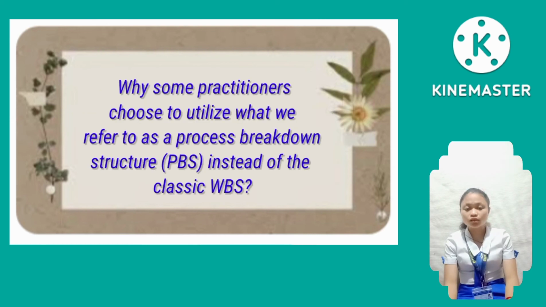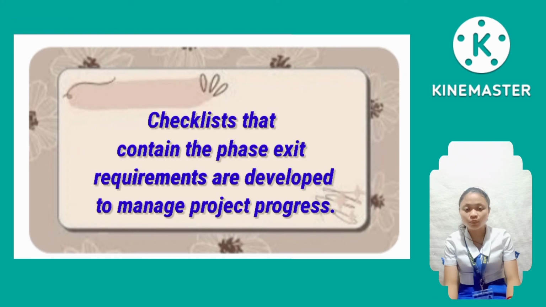Let's go back to the question of why some practitioners choose to utilize a process breakdown structure instead of the classic WBS. The reason is that in PBS, the major phases can be broken down into more specific activities, unlike WBS, which is difficult to apply especially to less tangible projects. Checklists that contain the phase exit requirements are developed to manage project progress.